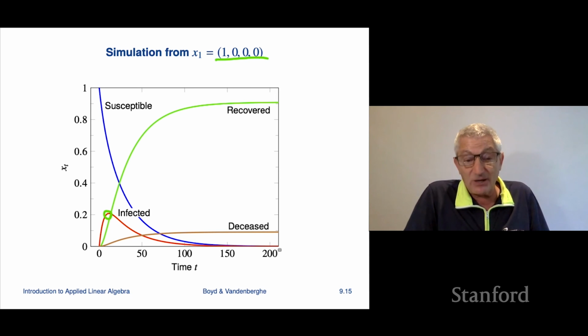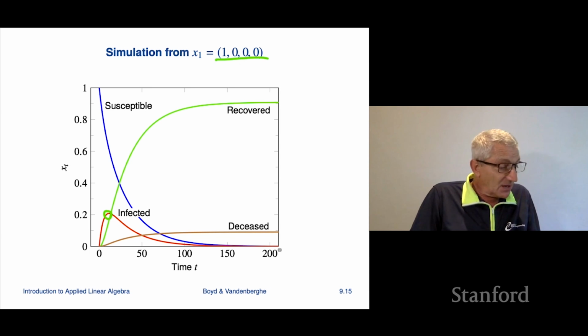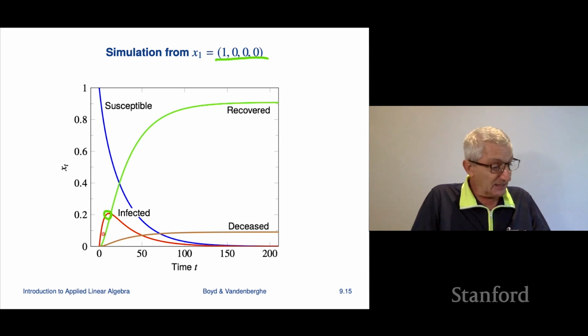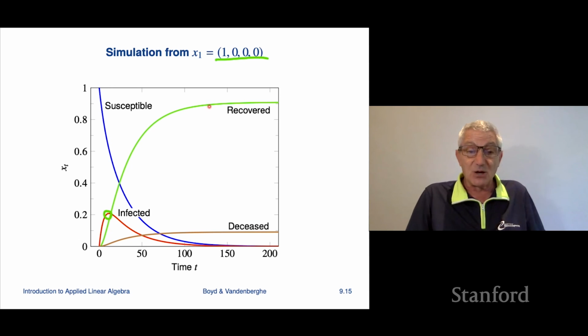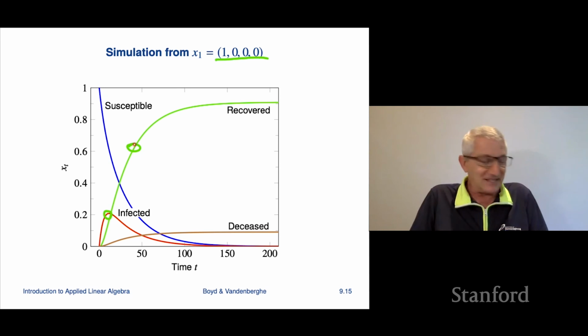One is depressing: some people just died and they're no longer susceptible and they're not going to get the disease. But the other thing is that among all the people who are infected, a bunch become recovered and acquire immunity. And that's this green curve. So when you hear people talking about herd immunity, I guess they're talking about some effect like over here or something. That's kind of the idea.